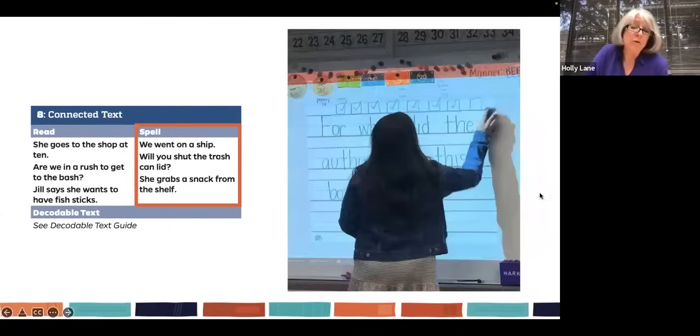So this is a picture of a teacher who is helping her students. The idea is that they figured out how to spell each word, and once they figured it out together, the kids are writing it on their paper, she's writing it on the board. A great strategy that this particular teacher used was to make boxes that represented the number of words in the sentence.